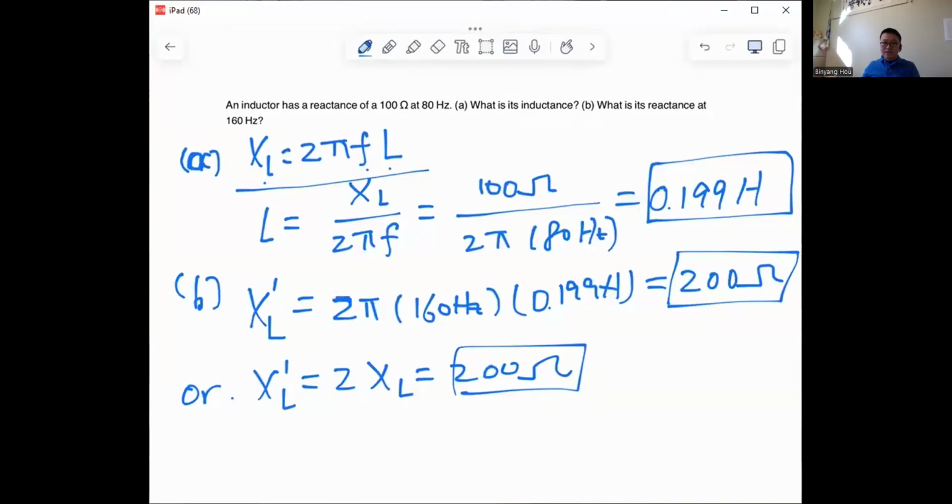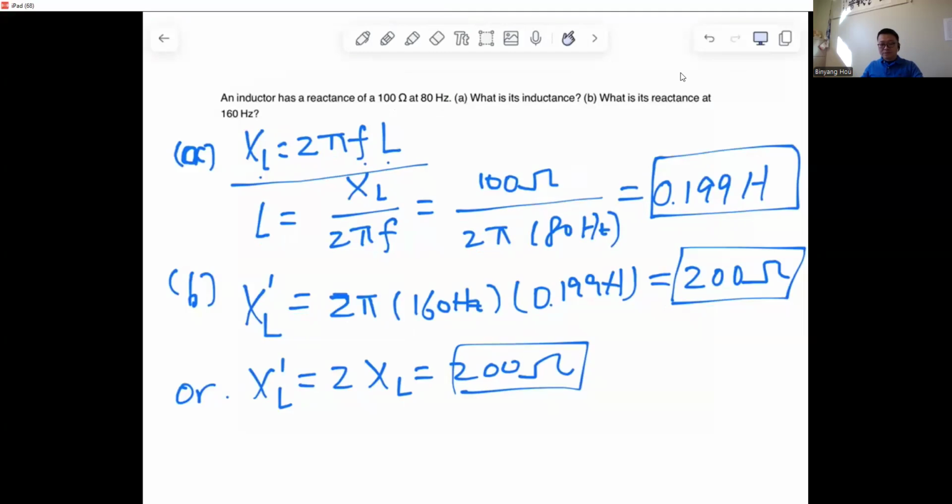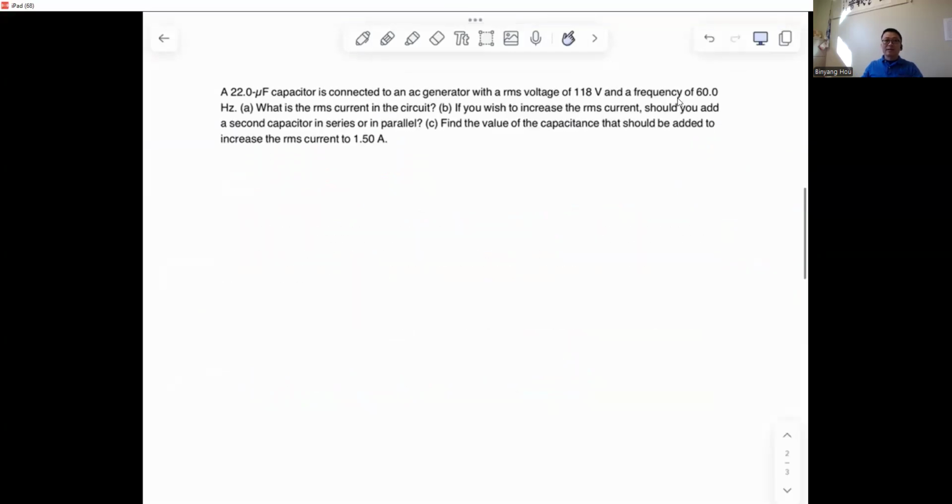Let's solve this one then. Let me scroll it down. We are looking for the RMS current in A. We know V, so IRMS should be equal to VRMS over XC.